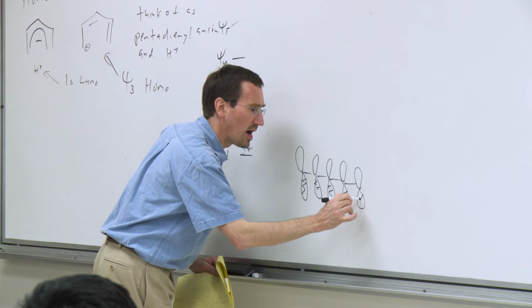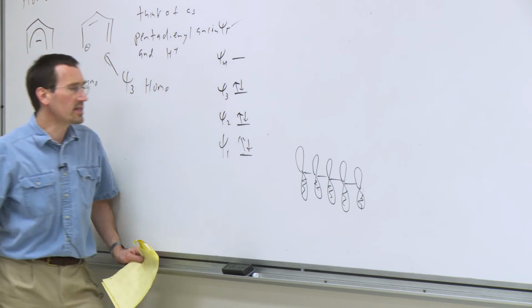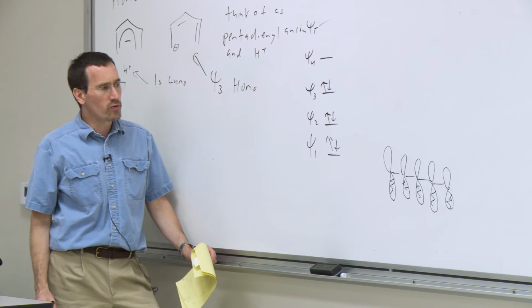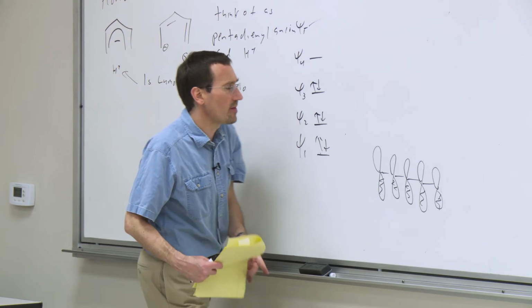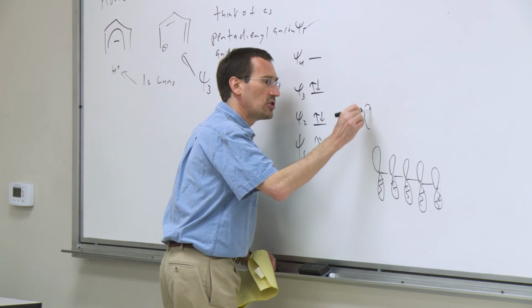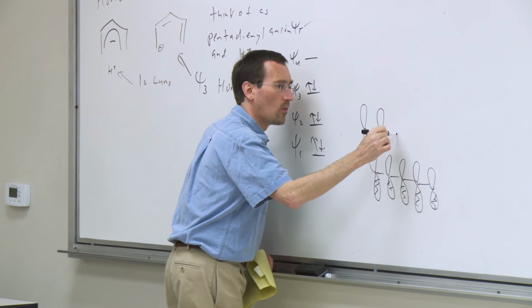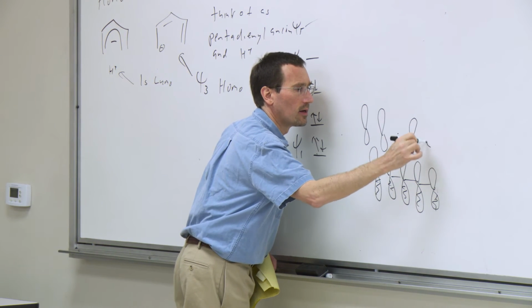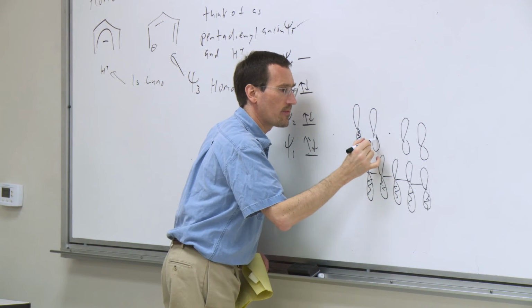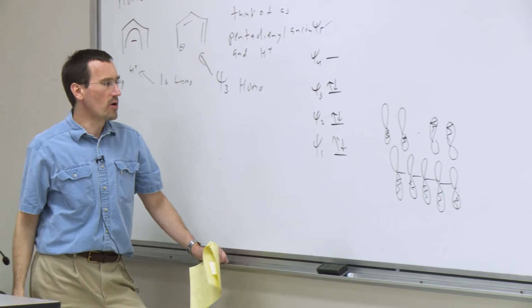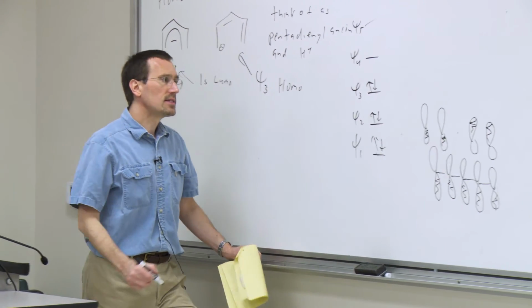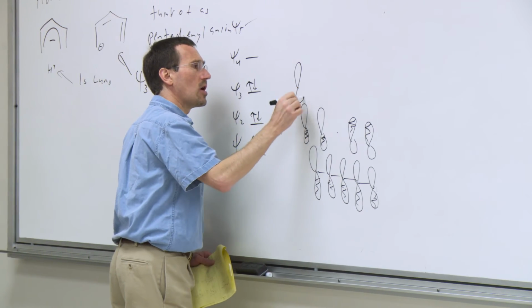So psi1, we combine them all in the same phase and have no new nodes other than the node that's in the plane of the carbon atoms. Psi2, we get 1 node. So we combine our p orbitals like so to get 1 node. Psi3, we get 2 nodes.